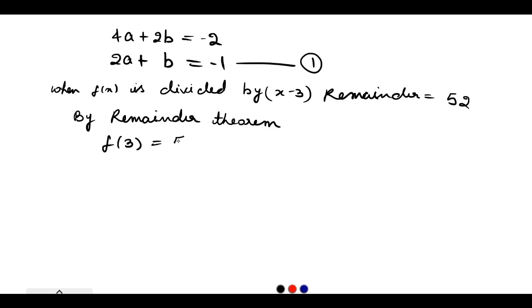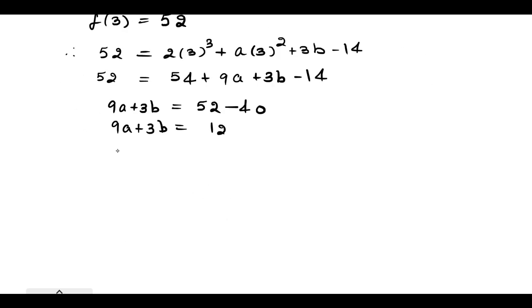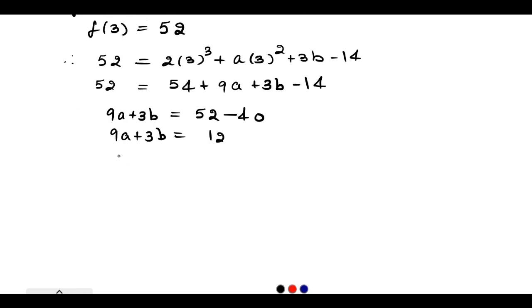F3 will be equal to 52. Now find F3 by substituting x by 3 in fx. Dividing by 3, 3a plus b is equal to 4. This is second equation. Now solve these two equations for a and b.